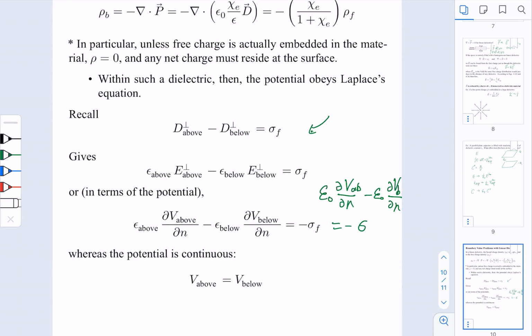And in terms of the potential itself, it has to be continuous. So again, we still have the same old boundary conditions here.